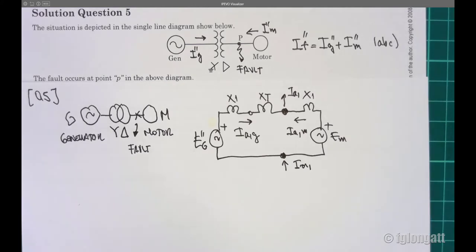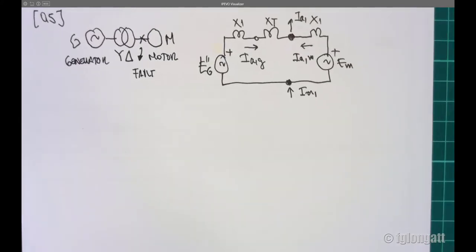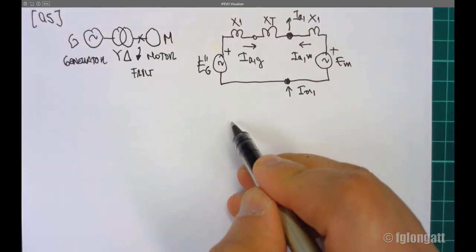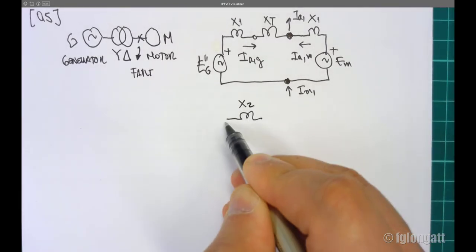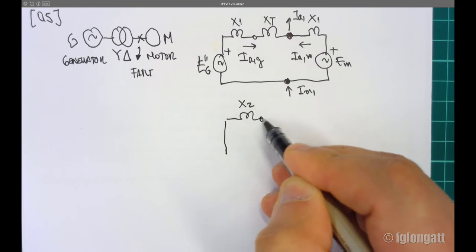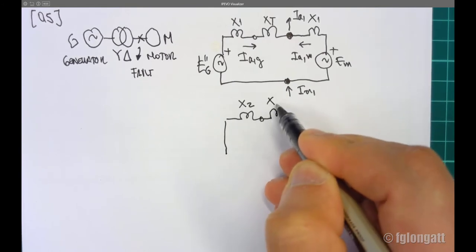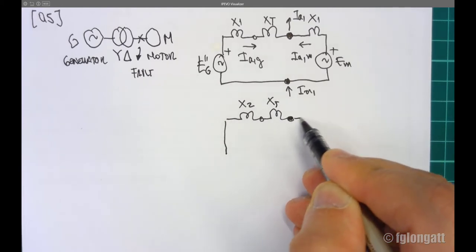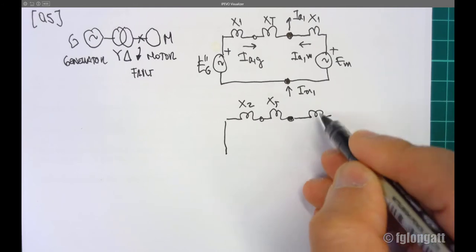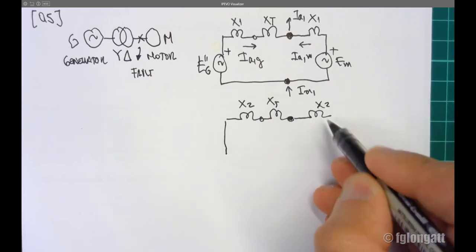This network also has a negative sequence. Let me put it over here. All of you must remember the negative sequence. This is the reactance. This is the transformer, okay? This is the point P. We have here the negative sequence reactance, okay?